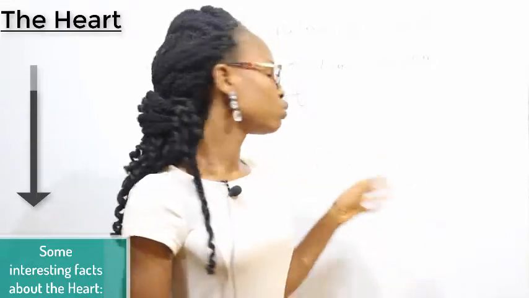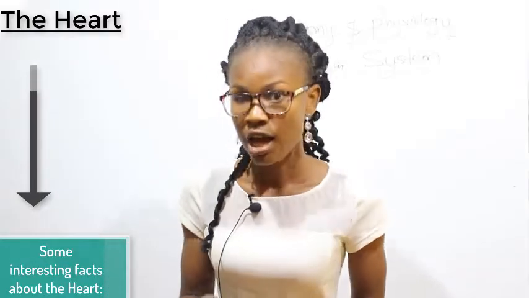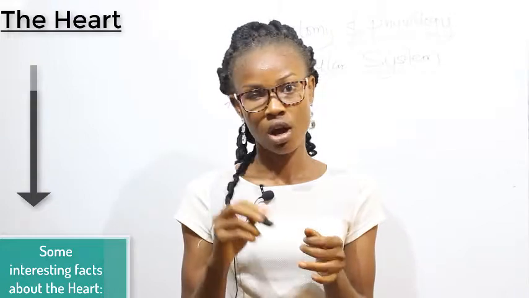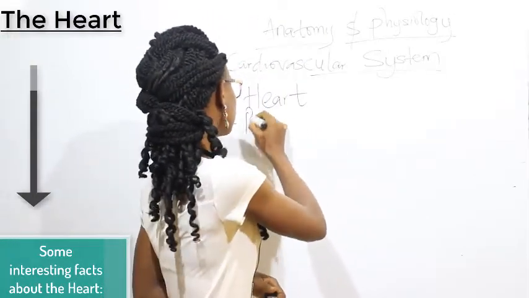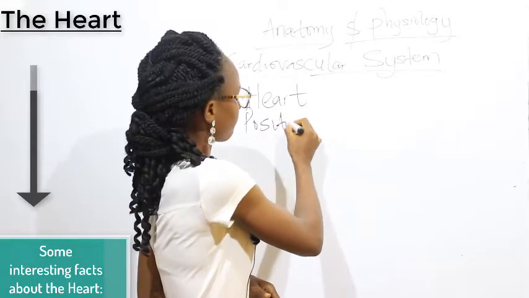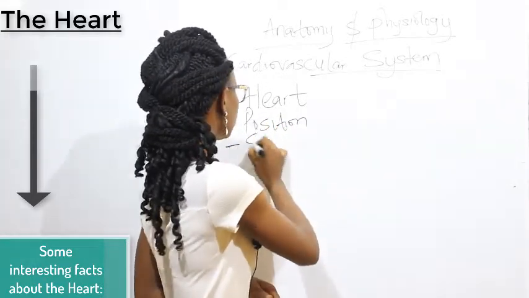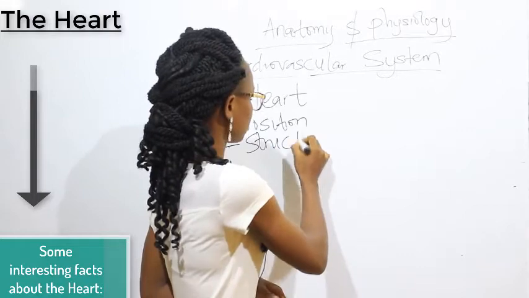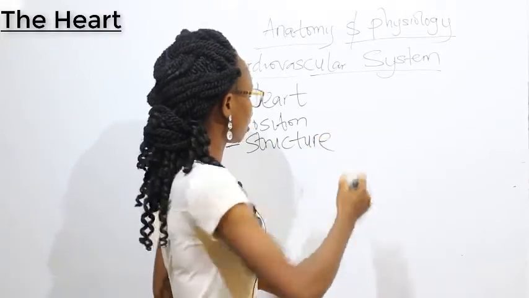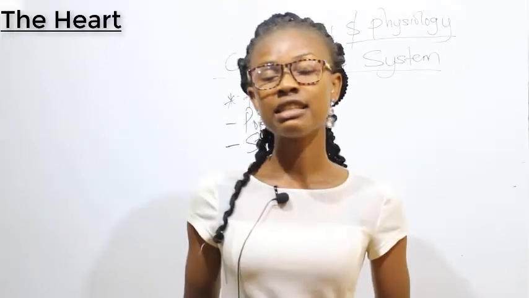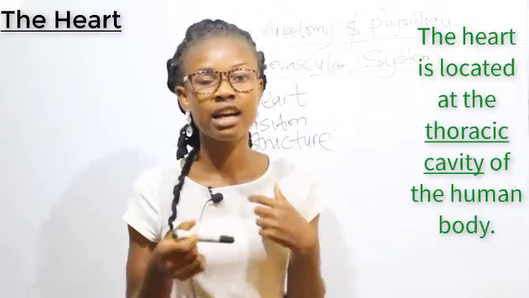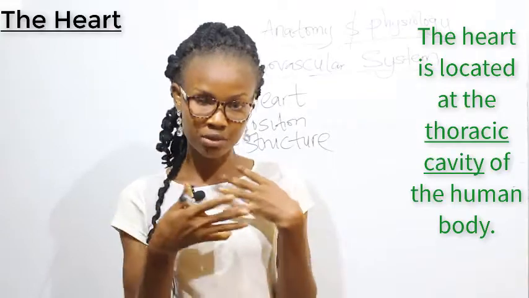In describing the heart, we'll be talking about the position and the structure of the heart. Like I said earlier, the heart is located in the thoracic cavity of the human body.